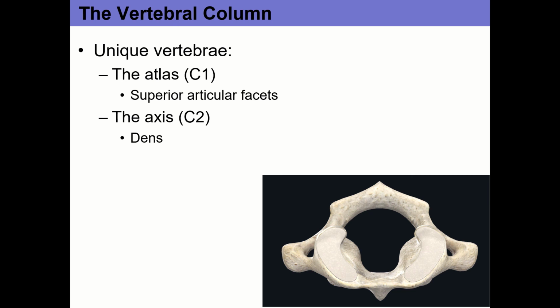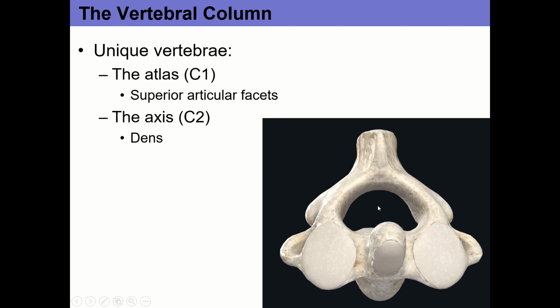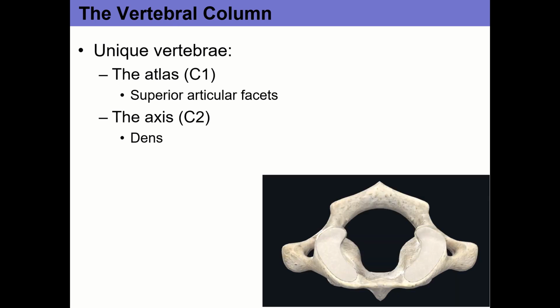Then we've got C2, if it'll let me click to the next bone. There we go. So there's C2. You'll see C2 also looks a little bit different than the rest of the vertebrae. It has this really obvious projection here, and that's called the dens. And so the dens projects up into the anterior arch on the atlas.